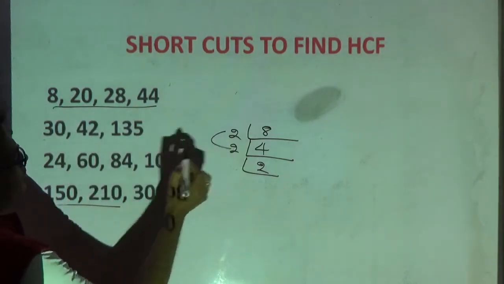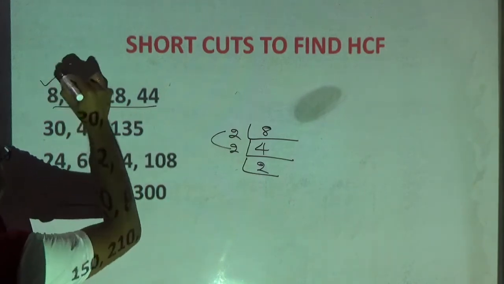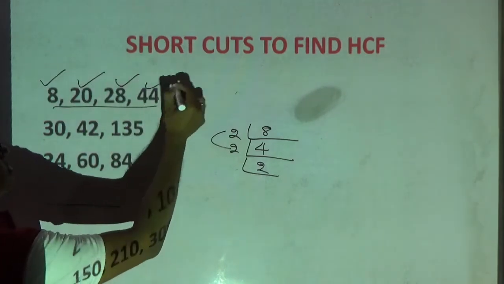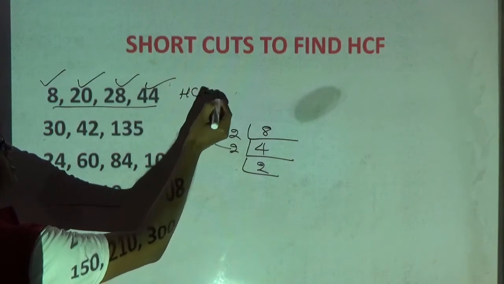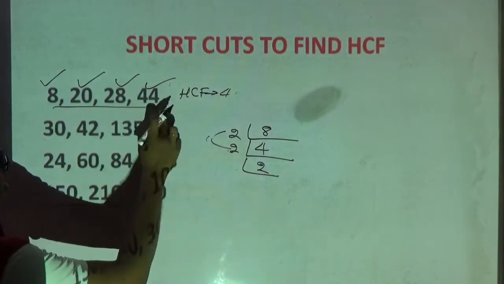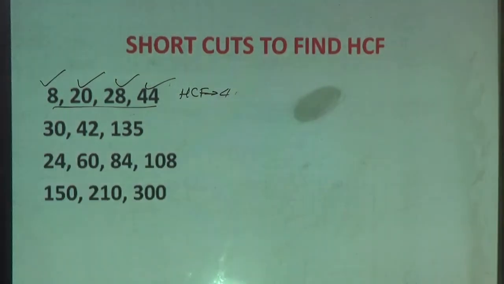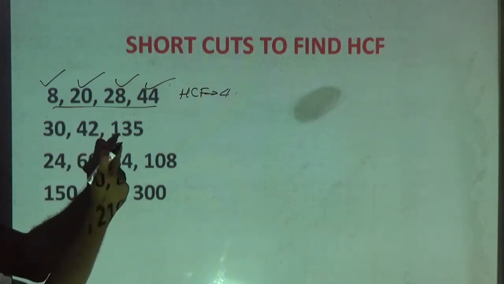Please see, 2 into 2 is 4. From 8 I cannot divide all the numbers, but from 4 you can divide. Therefore HCF is 4. See, 2 into 2 is 4. Don't go 4 into 8 because from 8 all the numbers are not divisible. Therefore HCF is 4.